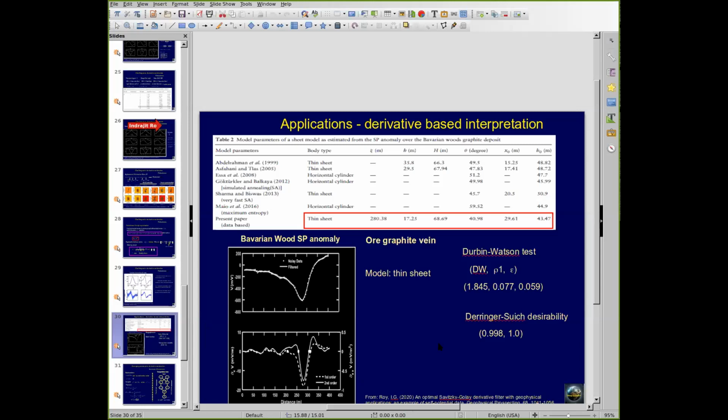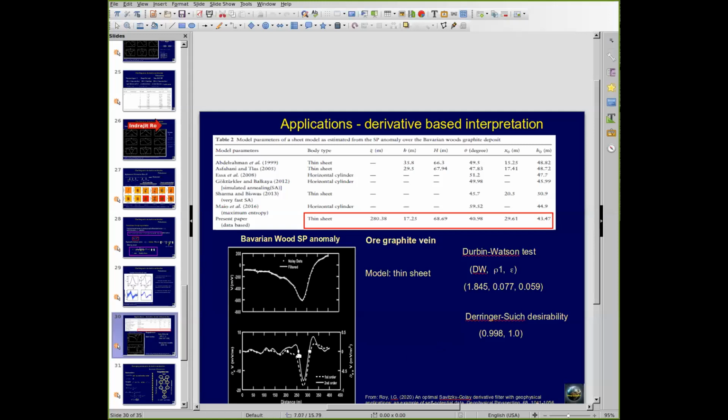What are the parameters? The location of the buried sheet, depth of burial, depth extent, then inclination or the dip of the body.